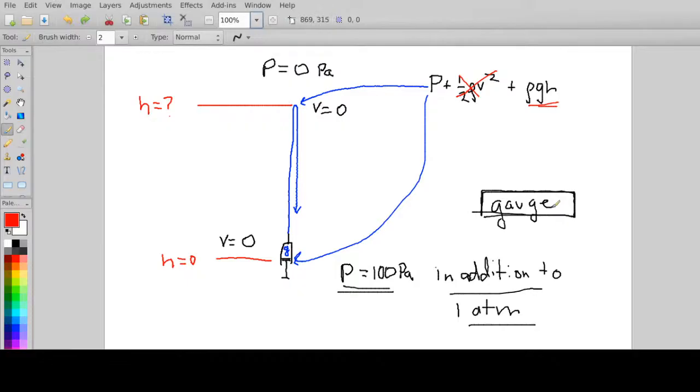Just like energy last semester, the total is conserved, but energy can slosh between the different types. In this one, you've got 100 pascals of pressure turning into height. The energy density goes from P into rho GH.